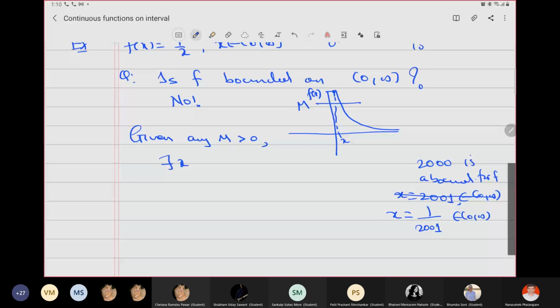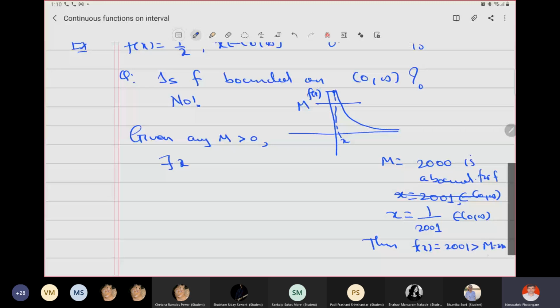Then what is the value of the function at this point? 2001, which is greater than your M is equal to 2000, right? So you give me any M, I can give you x at which the value of function is greater than that M. So no bound exists.